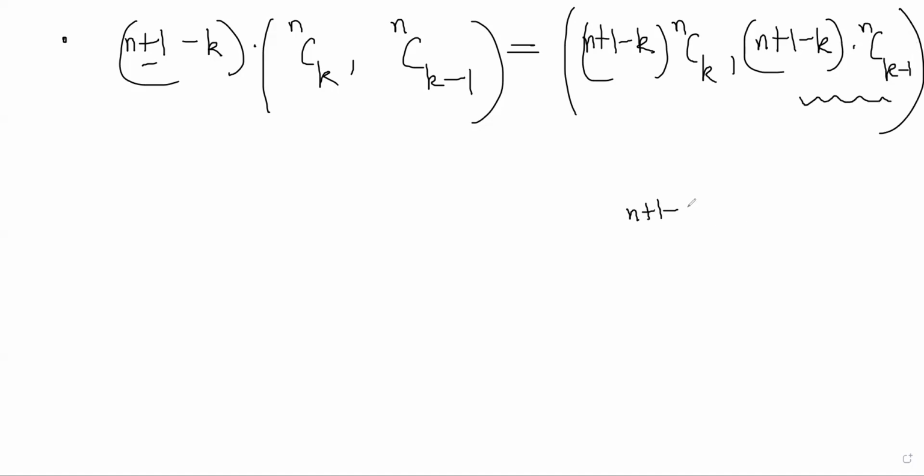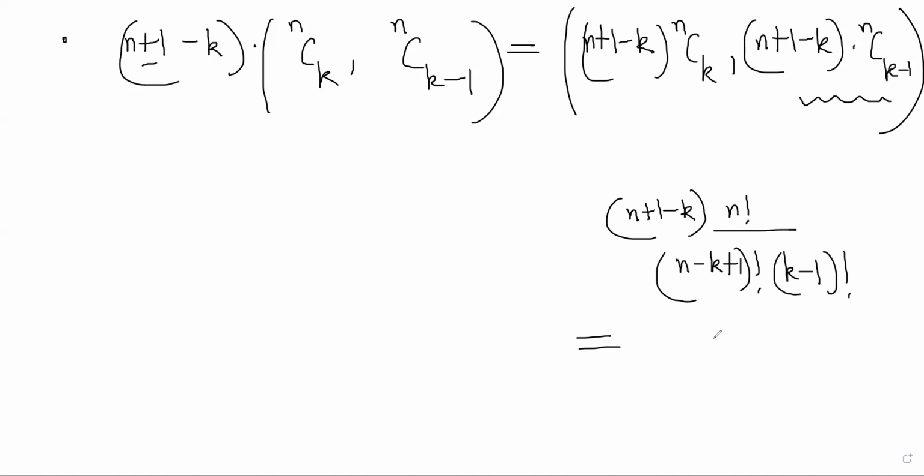It is n plus 1 minus k times n factorial by n minus k plus 1 factorial k minus 1 factorial, where you can cancel this factor, so this becomes n factorial by n minus k factorial k minus 1 factorial.